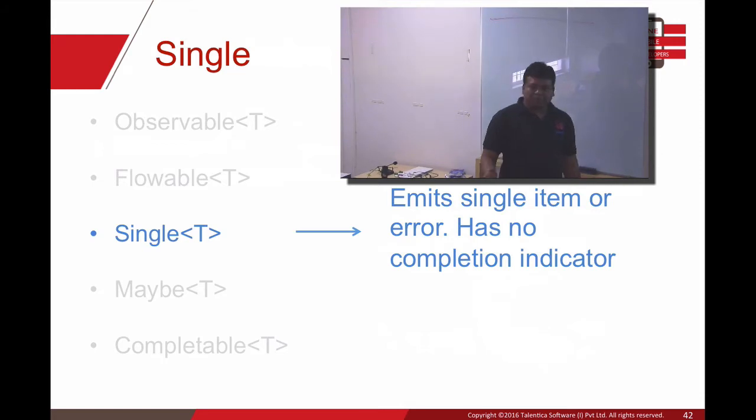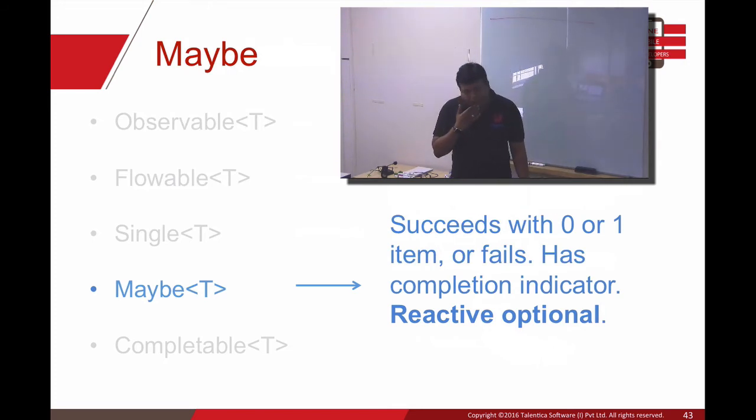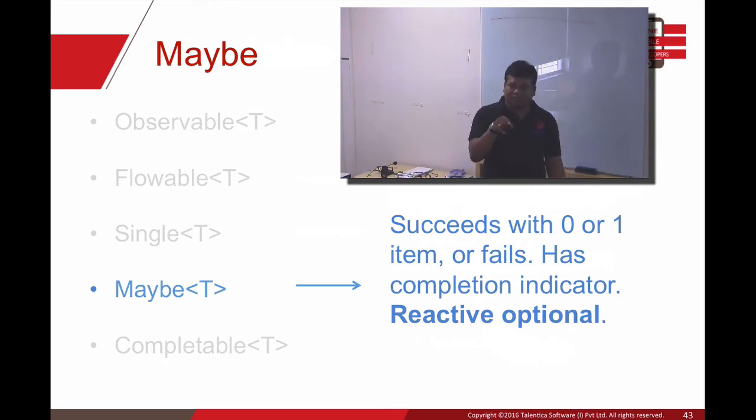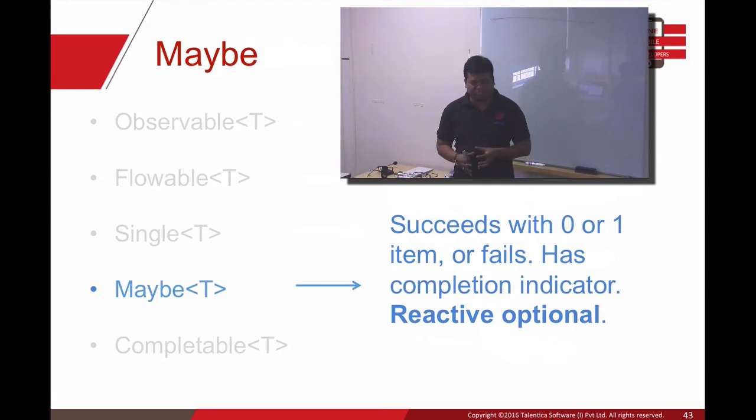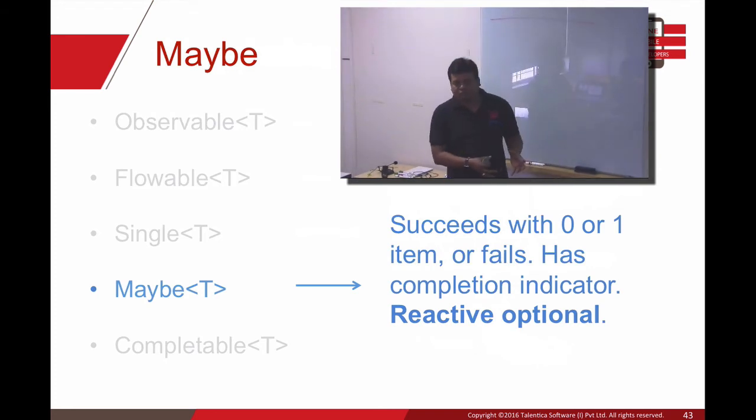Maybe. What do you know about optionals? Like in Kotlin, there are nullable types, where you put a question mark, and in Swift there are optionals, which also have a question mark at the end. If there is a variable which is an optional integer or an optional string, it means it can contain a string, or it can contain null. It's a nullable type.